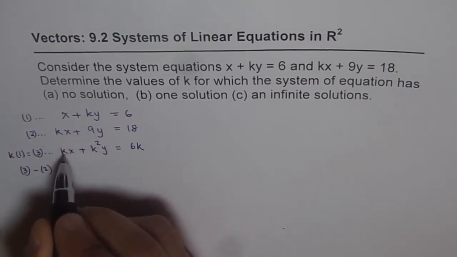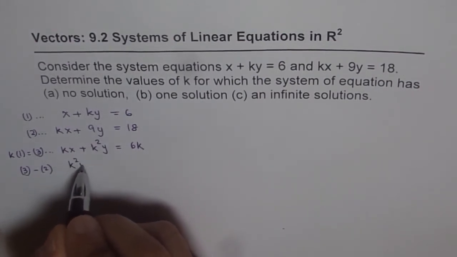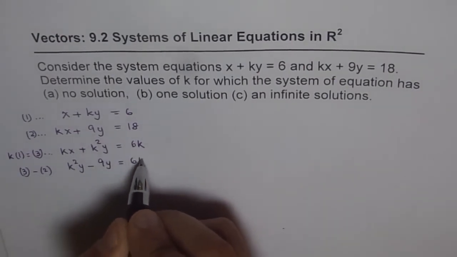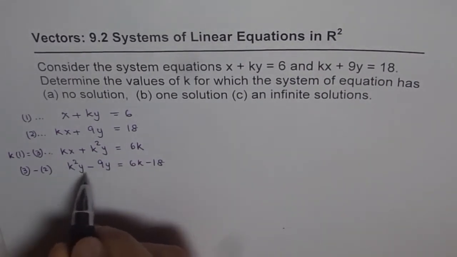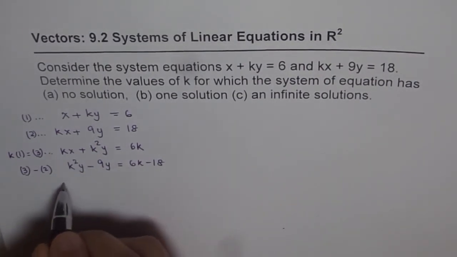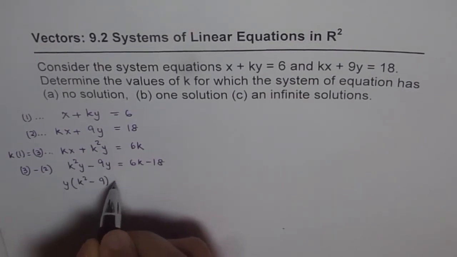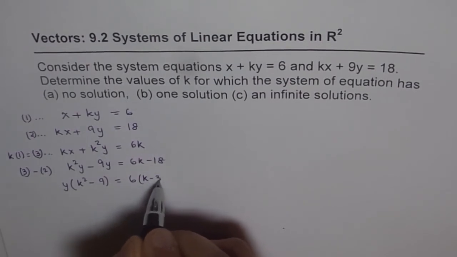If you do that, kx minus kx is 0 and you're left with k square y minus 9y equals 6k minus 18. And now we can factor out y and simplify this. We get y times (k square minus 9) equals, we can factor 6 here, 6 times (k minus 3).